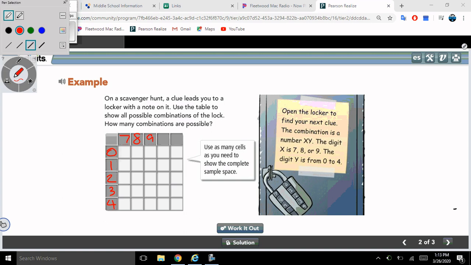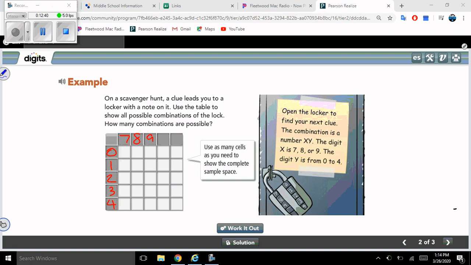I'm going to then go ahead, and again, this is one thing you're going to have to be careful on in Pearson. I'm not sure how they do this. I'm using the column headers as my first number. This is something you're going to have to pick up on as you go through this.